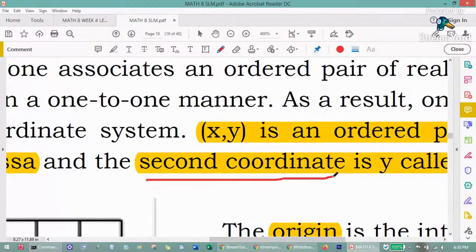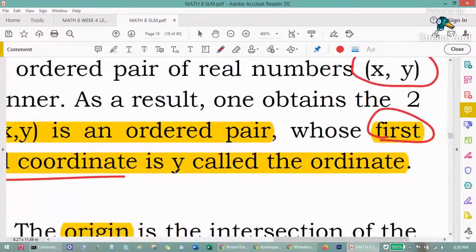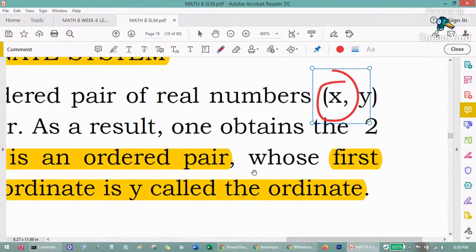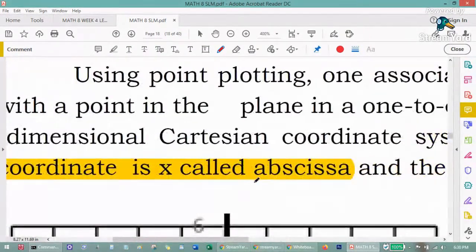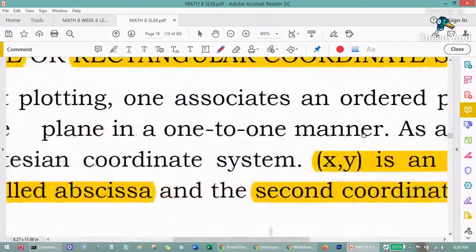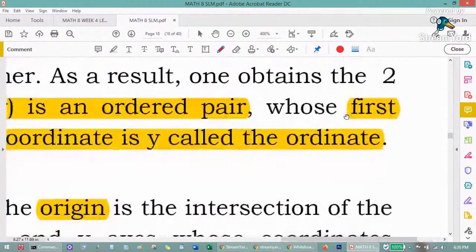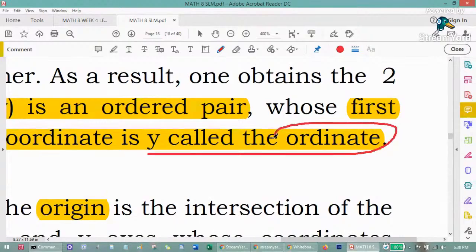And the second coordinate is called the y or the ordinate. So pag meron tayong ordered pair, dito yung x, dito yung y. Ang tawag sa x is the abscissa. And then, ang tawag dito sa y is called the ordinate.